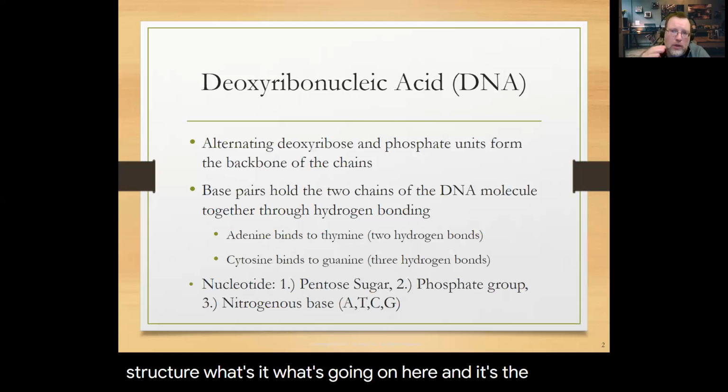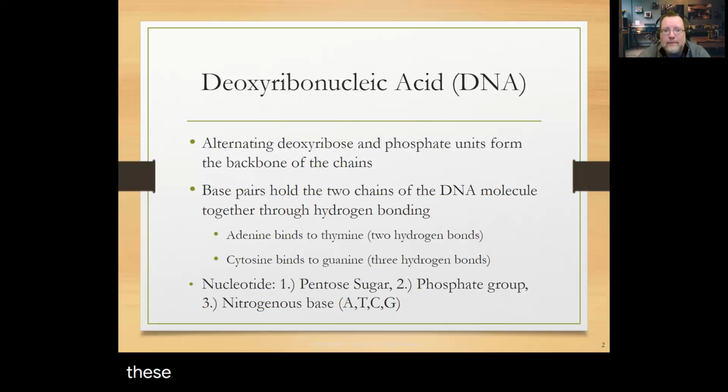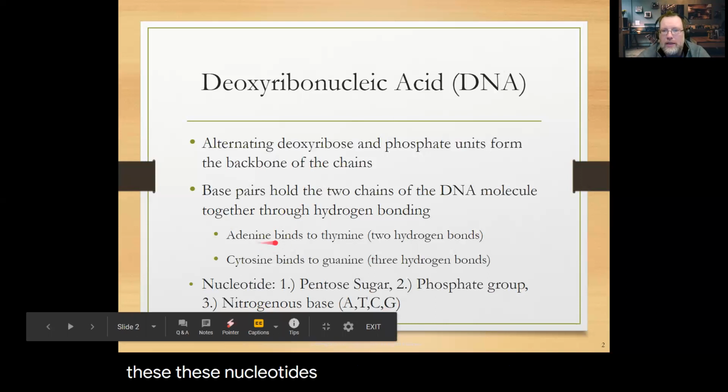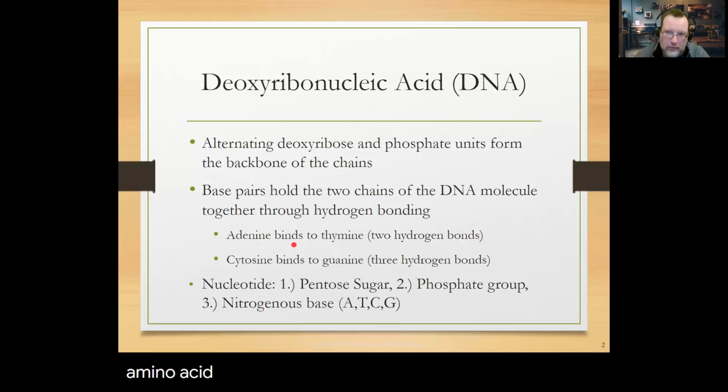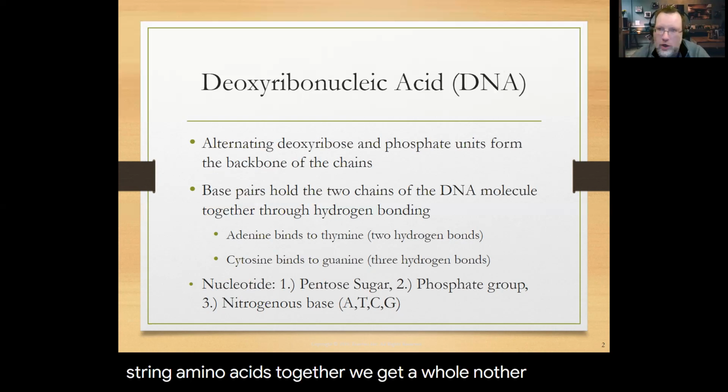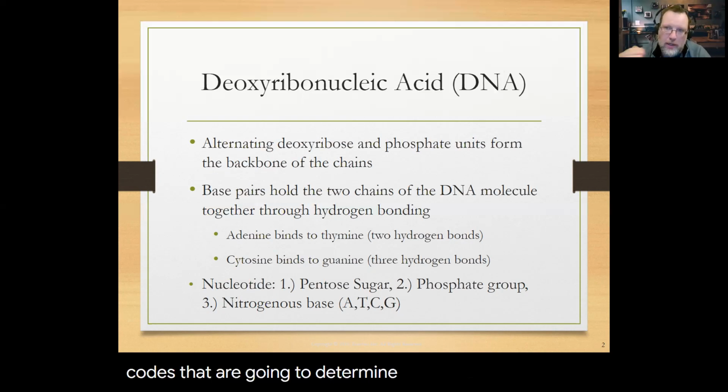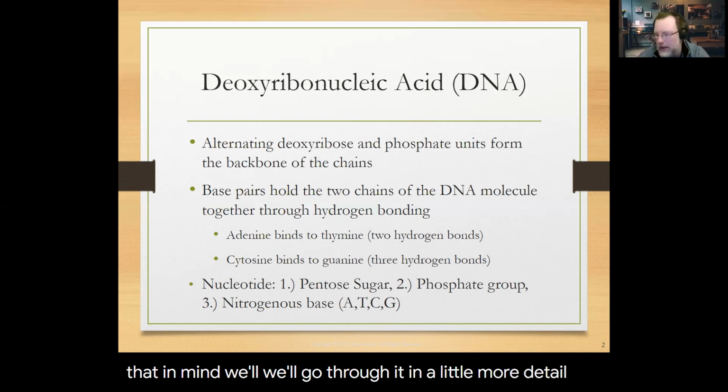And it's the order of these nucleotides that determines what type of amino acid we're ultimately going to get. And then when we string amino acids together, we get a whole other chain of codes that are going to determine what type of enzyme specifically, or what type of structure specifically we're going to get. So anyway, keep that in mind. We'll go through it in a little more detail as we go.